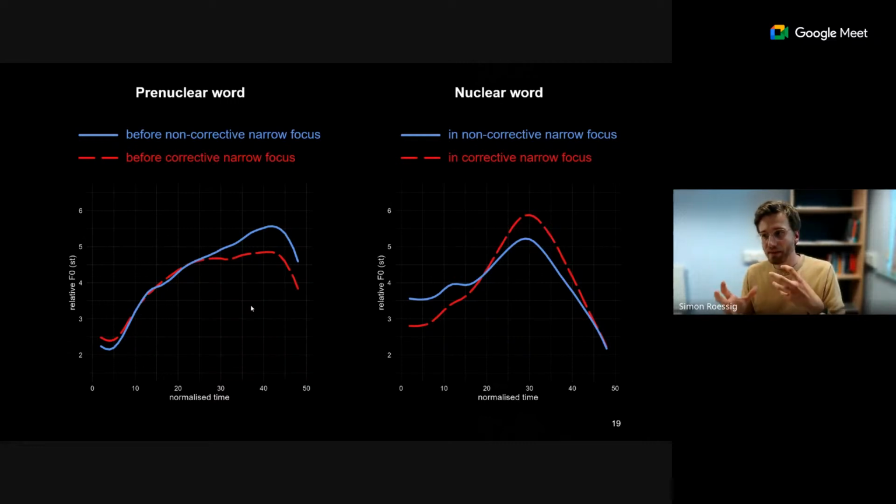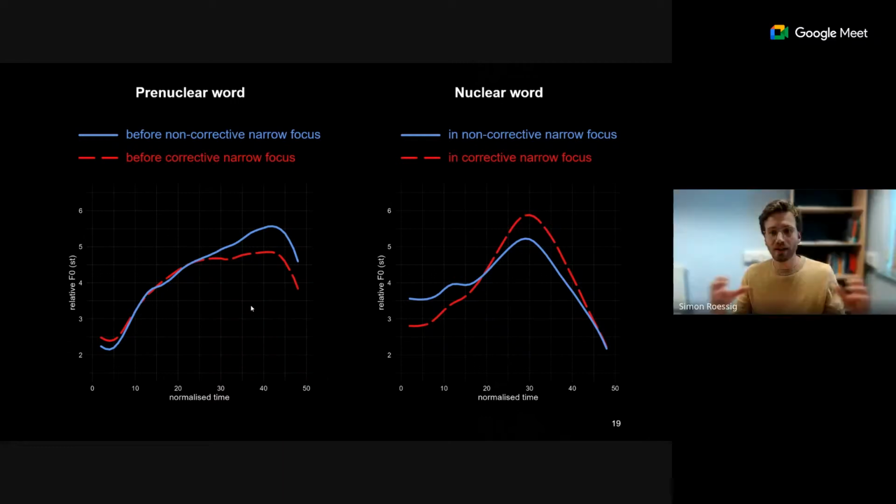It's probably not possible at all to disentangle it. But in this study, at least, I wanted to stay away a bit from the nuclear word, what I call the nuclear target word, in order to make sure I'm not getting into this region where speakers prepare this higher rise on the nuclear word. But I agree, I think there is more than just a prenuclear word that is affected.